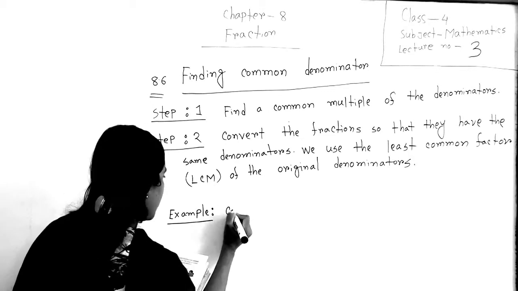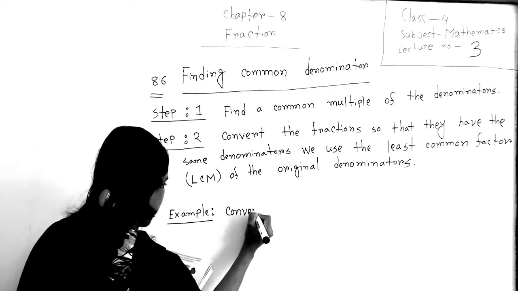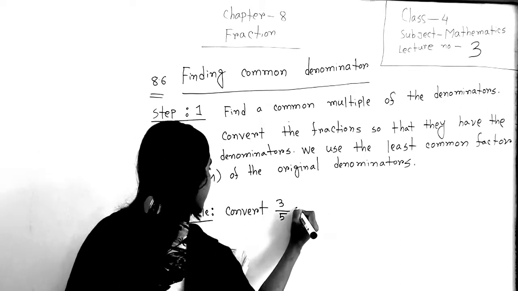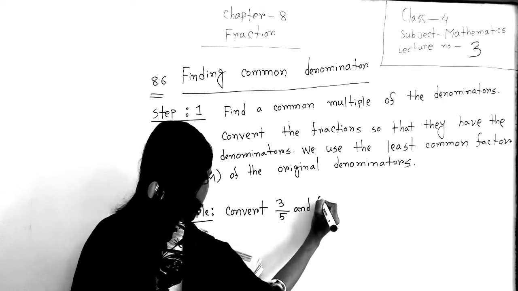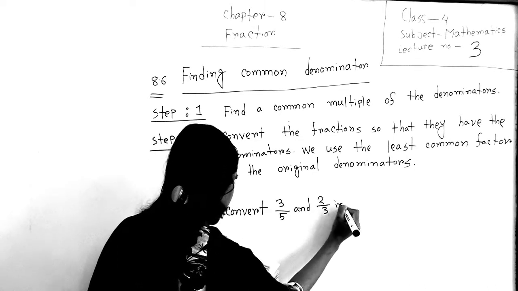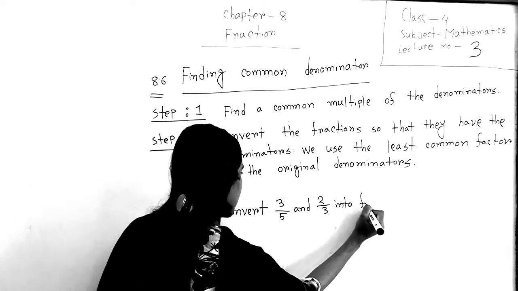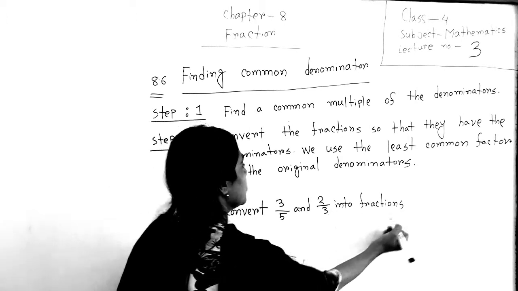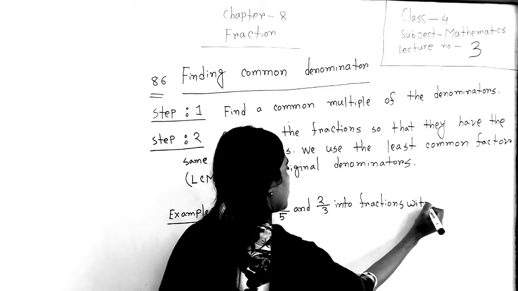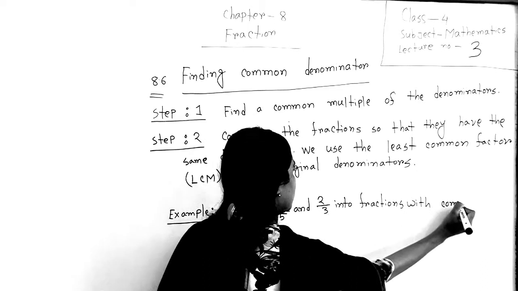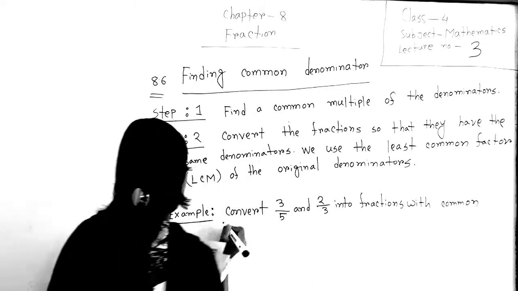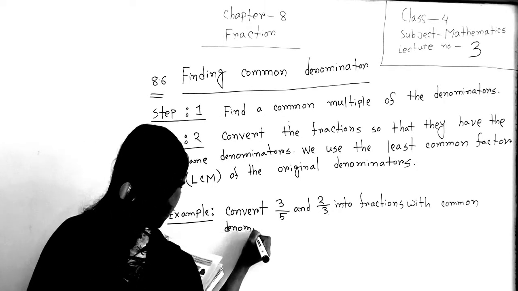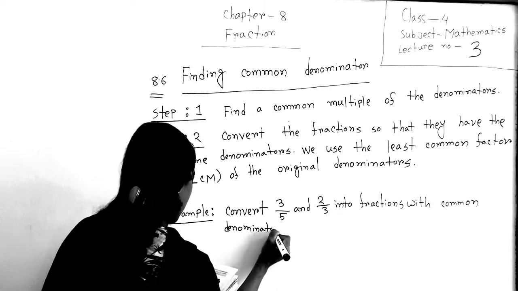Example: convert 3 divided by 5 and 2 divided by 3 into fractions with common denominators.